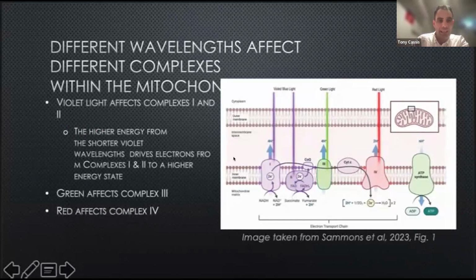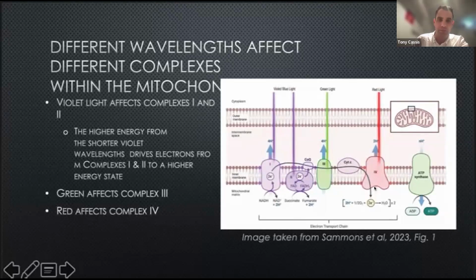So again, we spoke about the violet and blue wavelengths having more photonic energy, more energy per photon than the reds. So what this high energy does, affecting complex 1 and 2, is allow electrons from these first 2 complexes to jump into higher energy states to eventually get to complex 4, which is where ATP is produced.